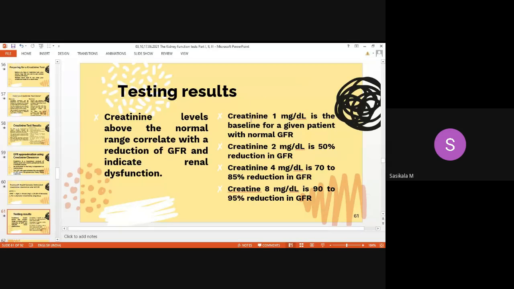Now let's see the creatinine level, how it is compared with the GFR. Creatinine 1 milligram per deciliter is the baseline for a given patient with normal GFR. One only, no point.